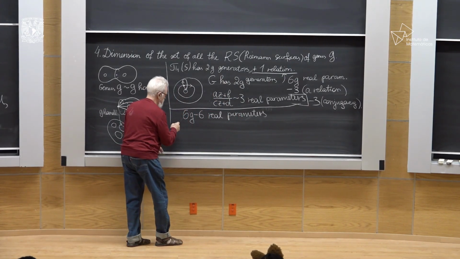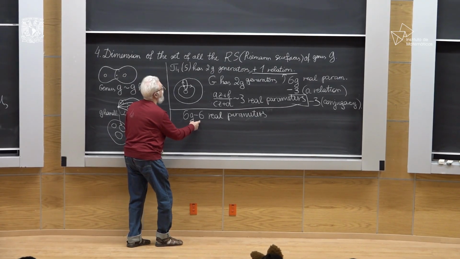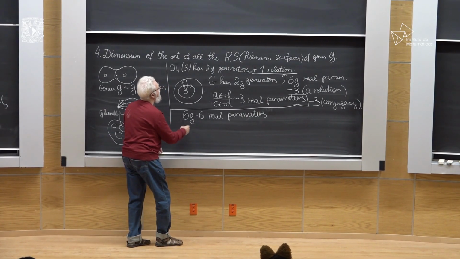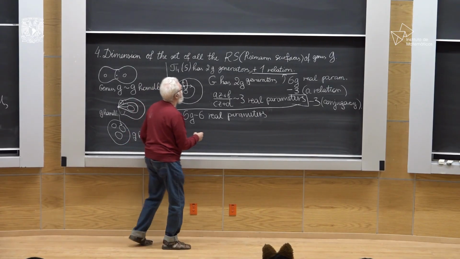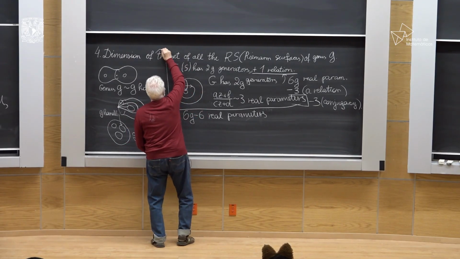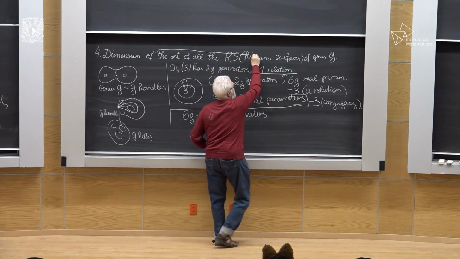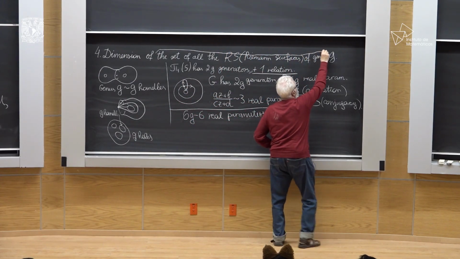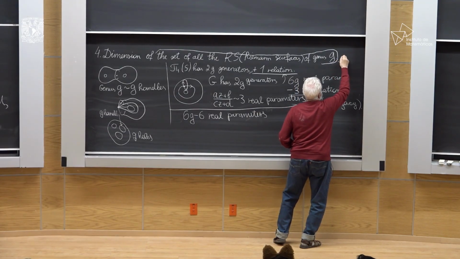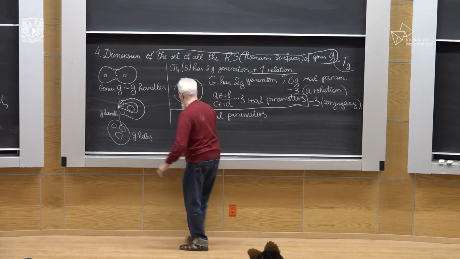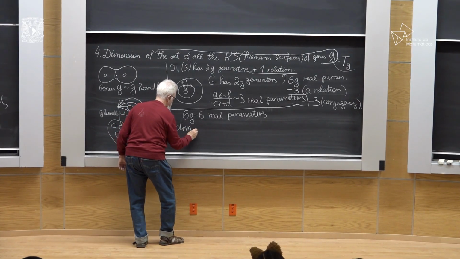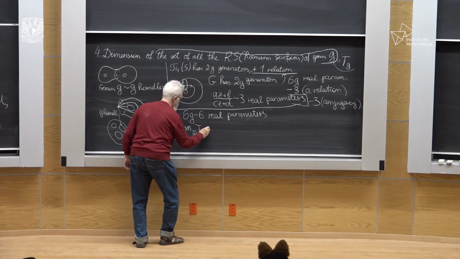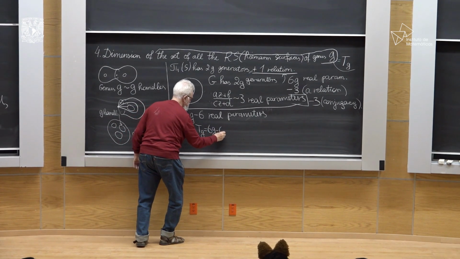And the real dimension of this set, the set of all Riemann surfaces of genus G, is Teichmüller space T_G. So the real dimension of T_G equals 6G minus 6.